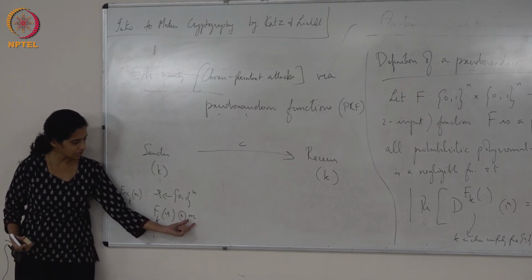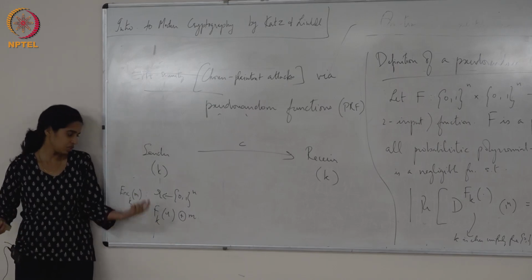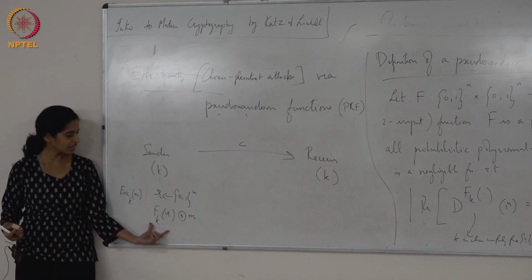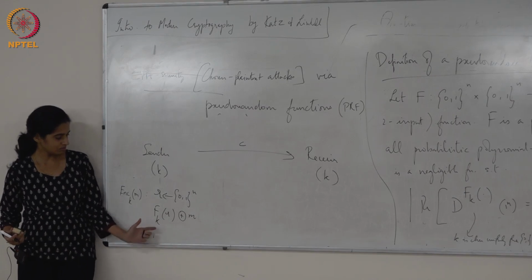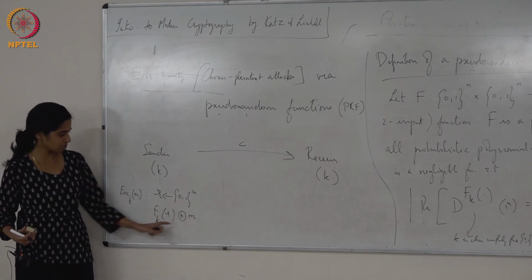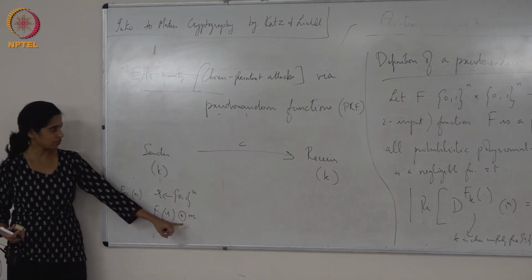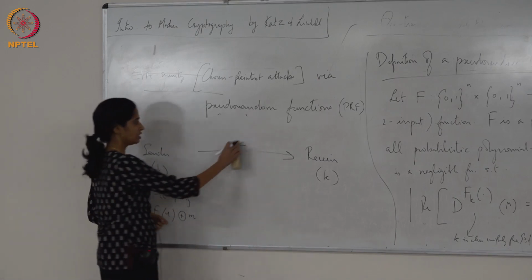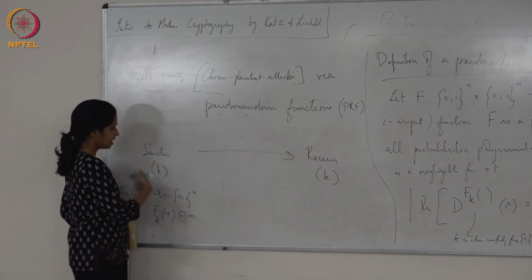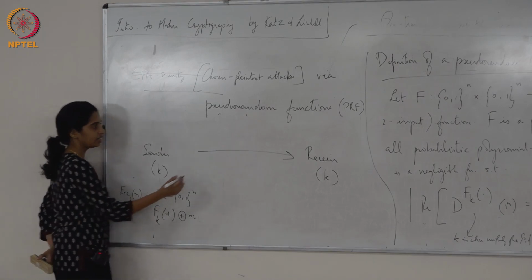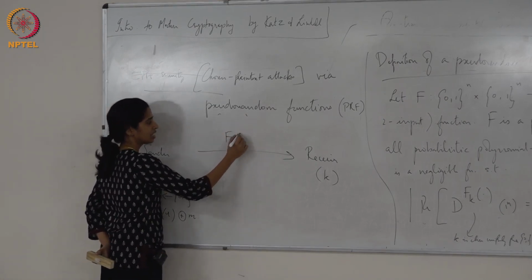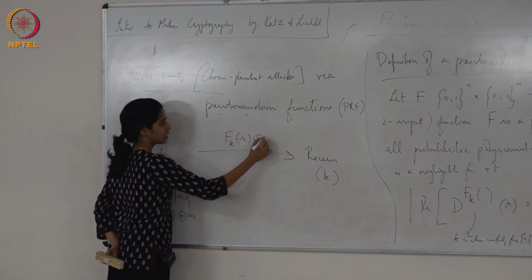Now you are XORing the message M with a random string Fk of R, which is not known to the adversary. So maybe this is how you can perform encryption. When you want to encrypt a message M, the sender chooses an R at random and sends Fk of R XOR M.